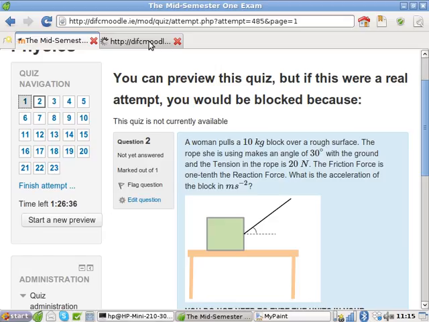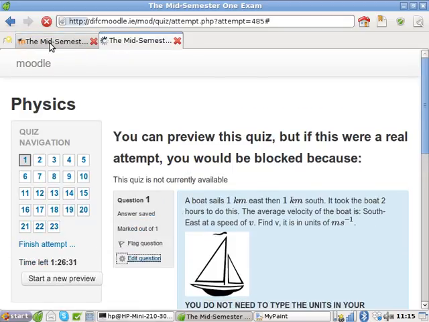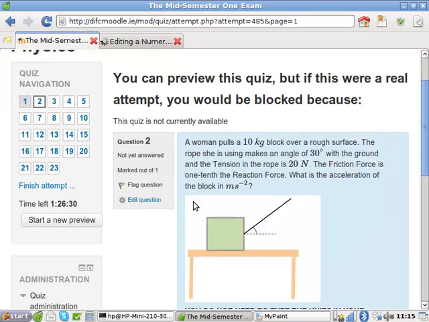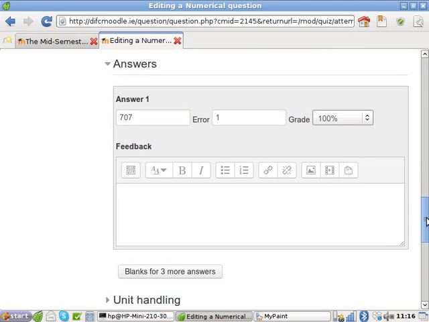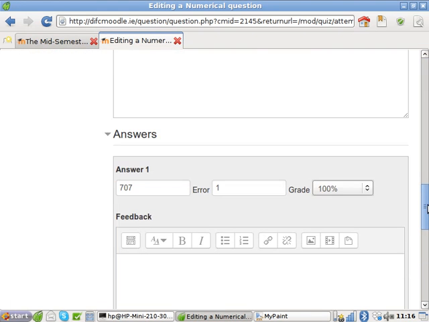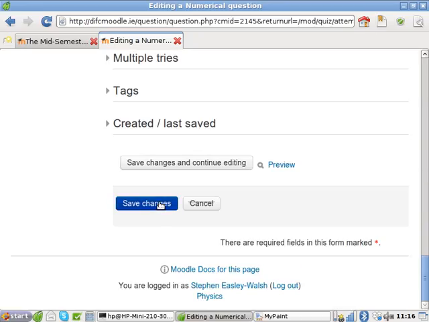Let's have a look at it again. Oh, my answer is wrong. I did mine meters per hour. 0.196. So I'll regrade them because maybe some people's grade will now go up if you entered that.